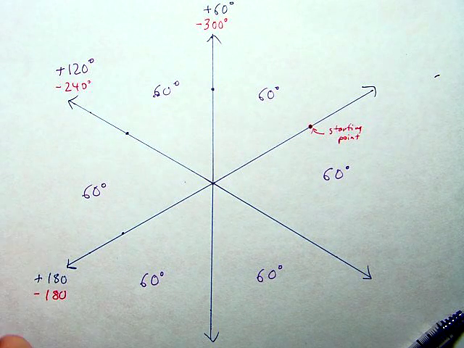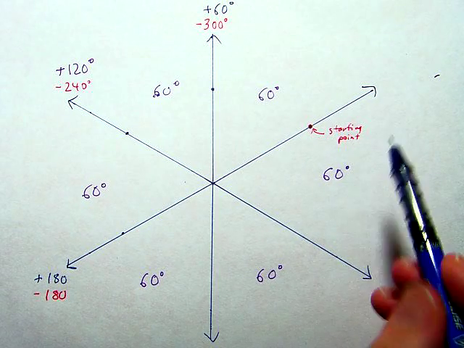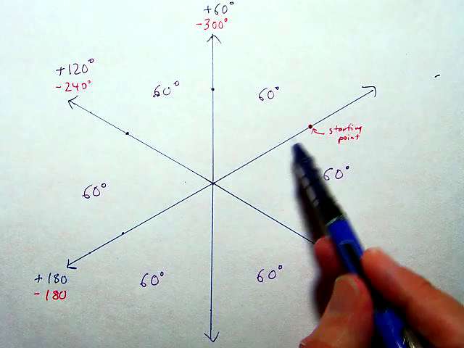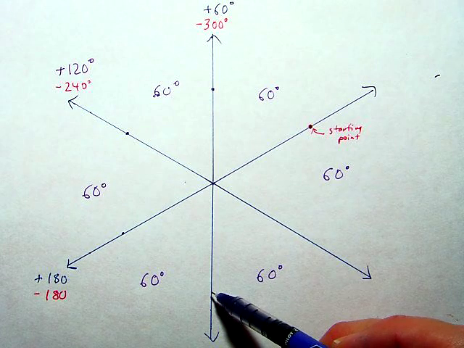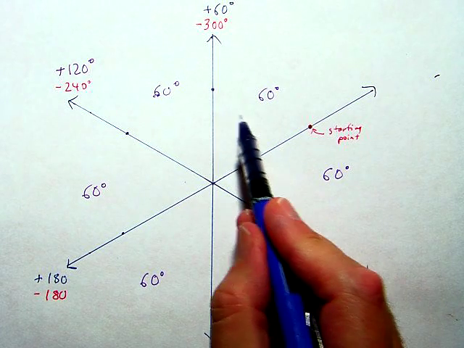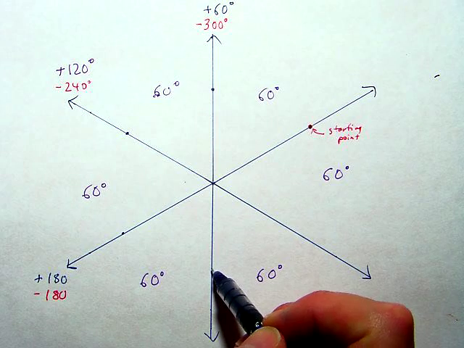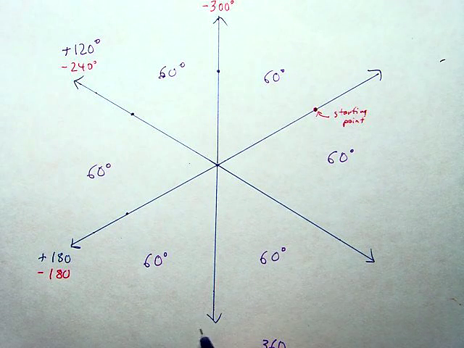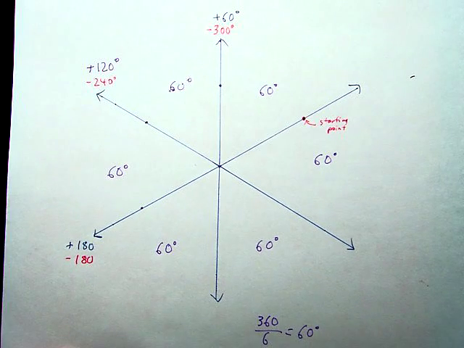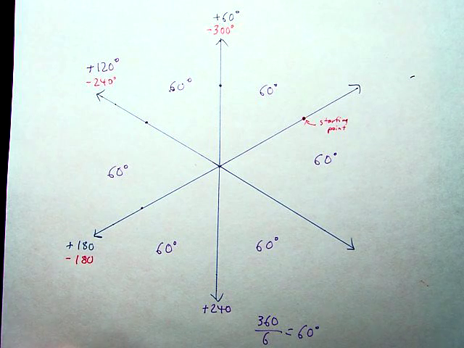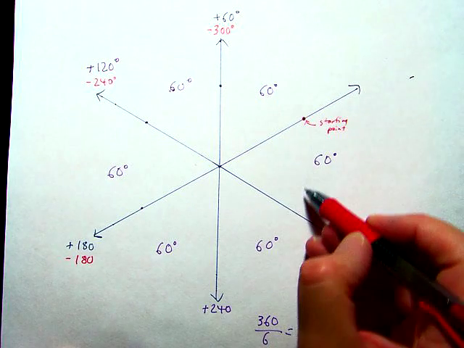And let's finish the last two positions. Now, going counterclockwise from here over to here, we'd have to go 60, 120, 180, 240. Okay, so this is plus 240. Or it would be negative from here to here, negative 120.